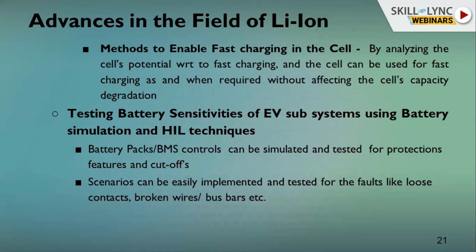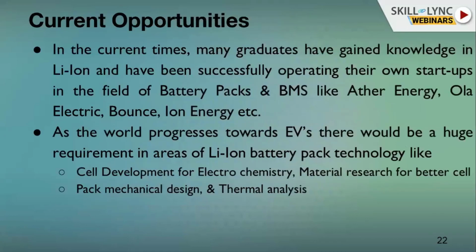If you can give these kinds of errors inside the simulation software, you can monitor how the BMS or the pack functions with those faults. These are some testing sensitivities being worked upon.